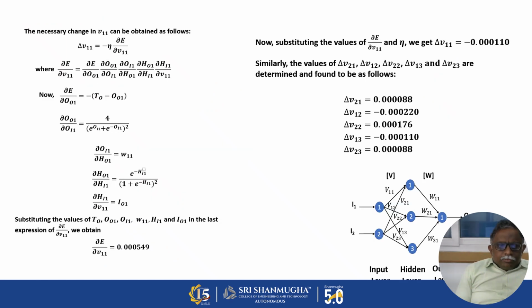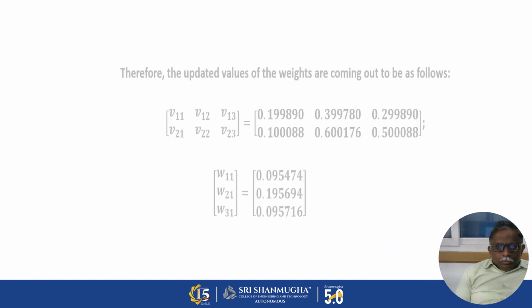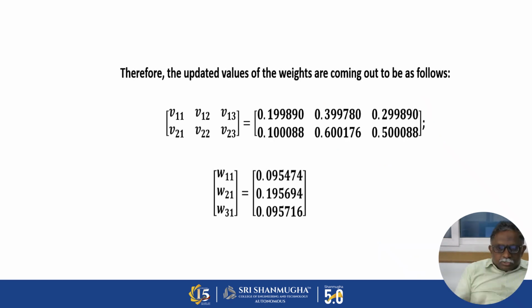Once we calculate this for hidden to output, we have to update all six weights. Similarly, we can calculate for all the cases, and this is the value we get from the network.